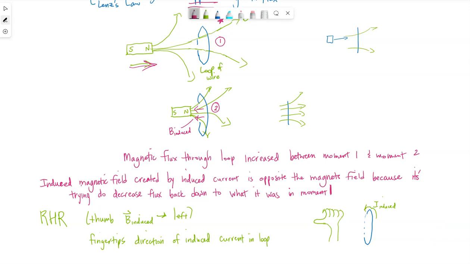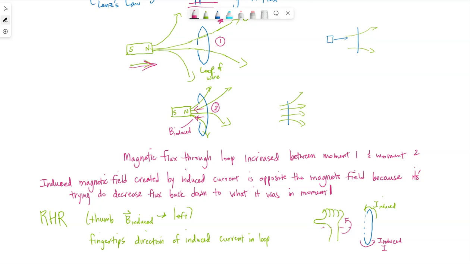Just rotate your wrist this way so that you have your thumb still to the left, but your fingertips are below your thumb. If your fingertips are below your thumb, they're pointing towards you. So the current induced would be coming towards us at the bottom, away from us at the top.